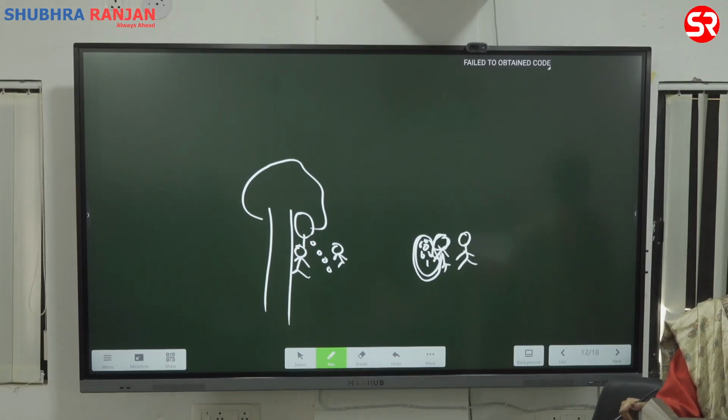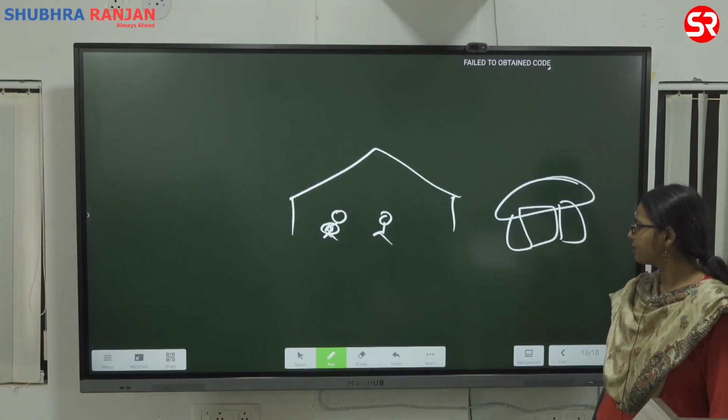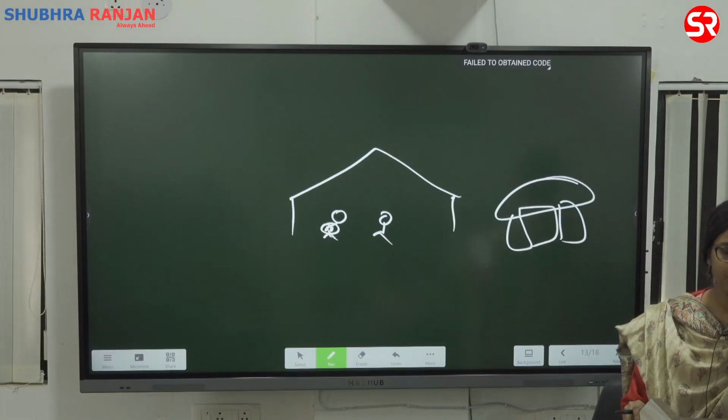Women collecting plants and roots. People eating fish.